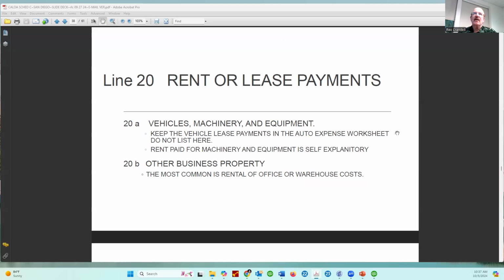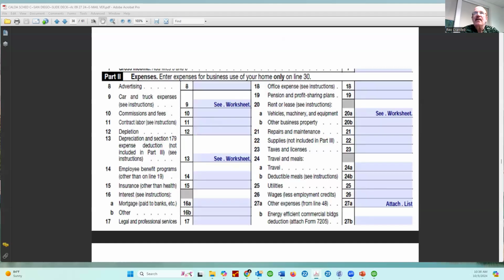Rent or lease payments. So on the Schedule C, line 20, we're looking at rent or lease payments. So you get two choices: vehicles, rent, and then other property.